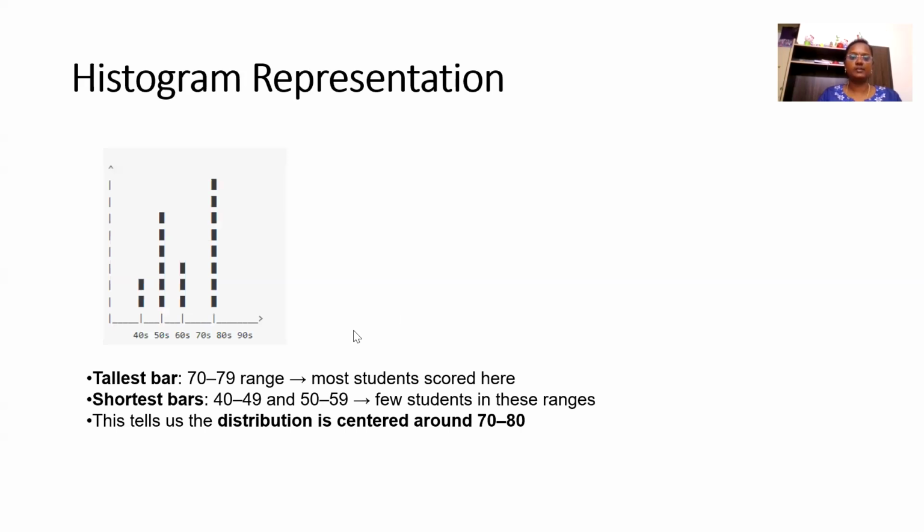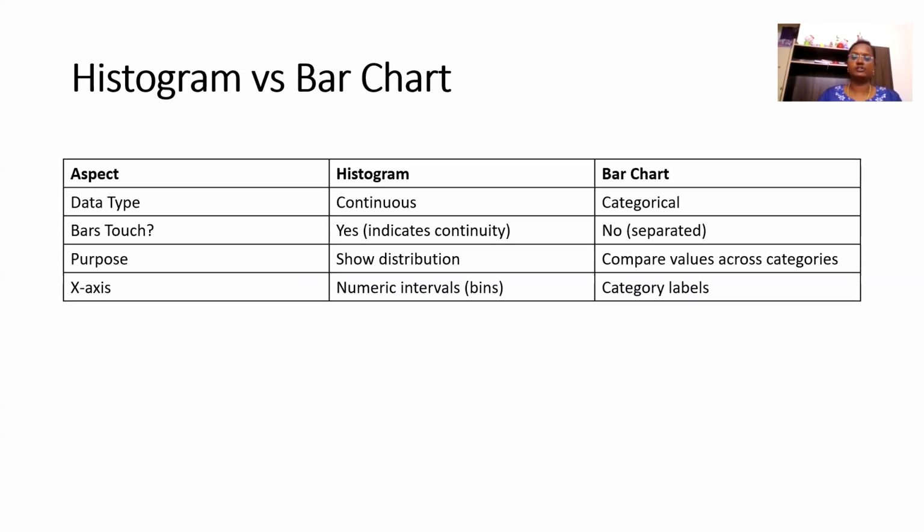So this is the histogram representation. For example, the tallest bar is the 70 to 79 range. Most students scored here. The shortest bars are 40 to 49 and 50 to 59. Few students are in these ranges. So this tells us the distribution is centered around 70 to 80.